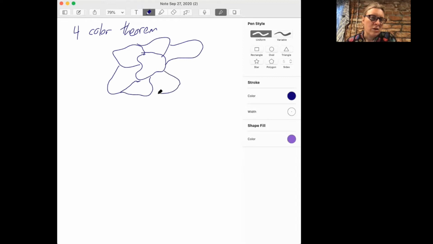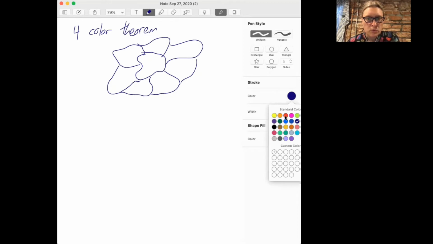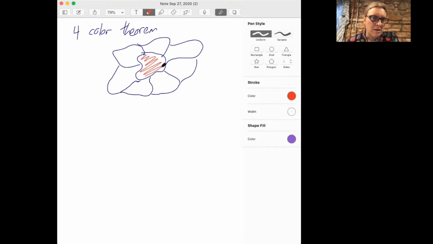Then it turns out that you can always color this map with 4 different colors. So let's try to do that. For example, if I make this part red, then I can't make any other of these countries red, but I could make some of them green. So this one could be green.